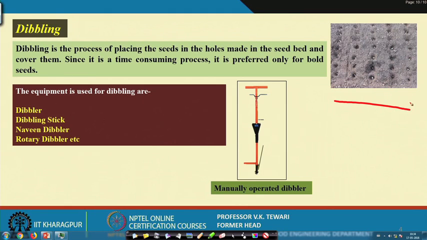See here, these are the different holes which are made by the dibbler or dibbling equipment. Here is a manually operated dibbler.